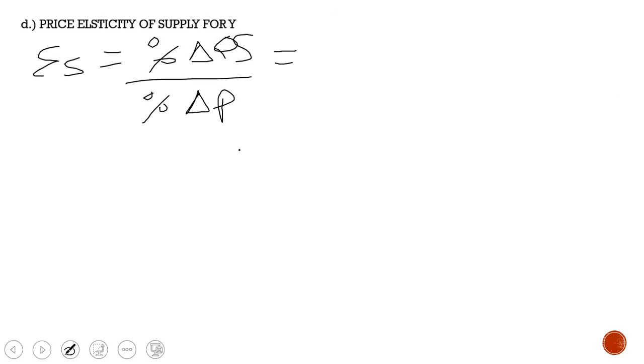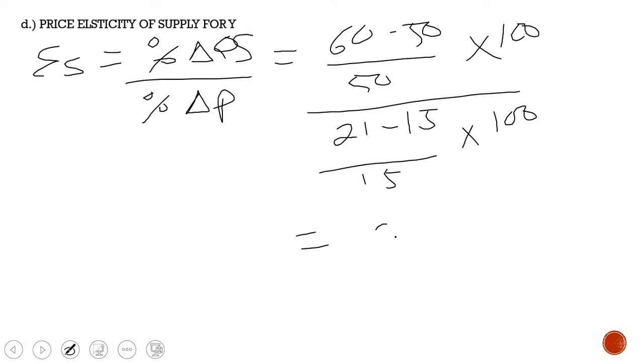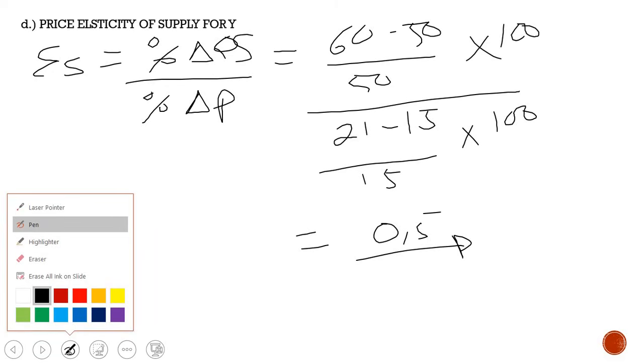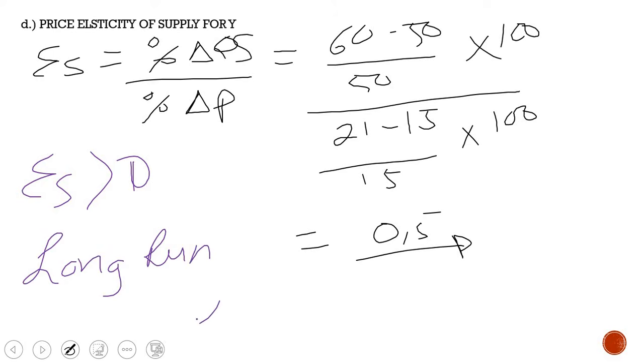So you're going to say (60 minus 50) over 50 times 100, all over (21 minus 15) over 15 times 100. This is going to give you an answer of 0.5. When your elasticity of supply is greater than 0, it means it's positive. Then you have the long run supply curve, and it means that it is elastic.